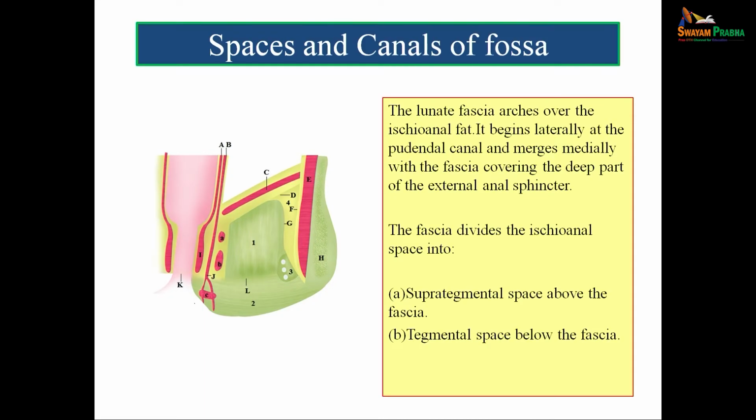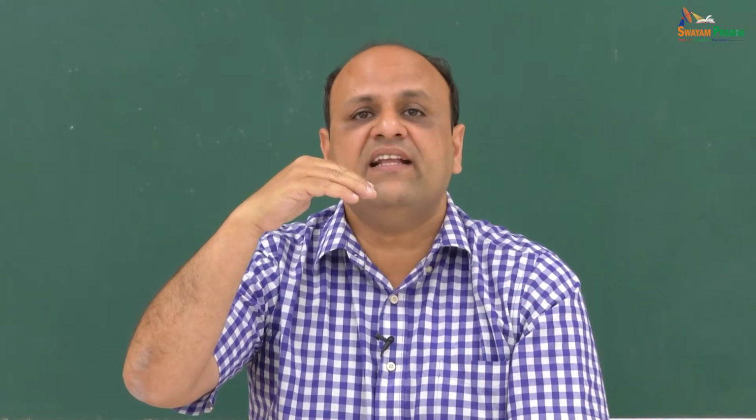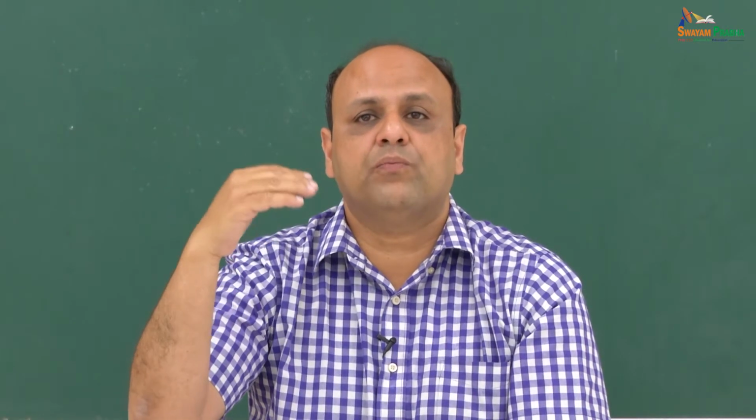This is called the lunate fascia, and this G in the figure is separating 4 from 1. 4 represents the suprategmental space, while 1 represents the tegmental space, or the ischioanal fossa. So, this lunate fascia divides the ischioanal fossa into a suprategmental space and a tegmental space.